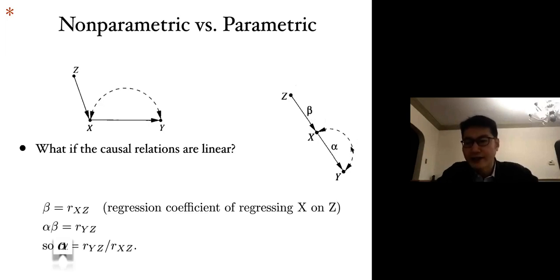Although there is a bidirected path, we don't care because this path is not effective relative to z. That's why the linear regression coefficient is alpha times beta. You know beta, you know alpha times beta. That's why you can just recover alpha. So you can identify the causal effect represented by the linear coefficient in this case. However, in the general non-parametric case, it's not necessarily identifiable.